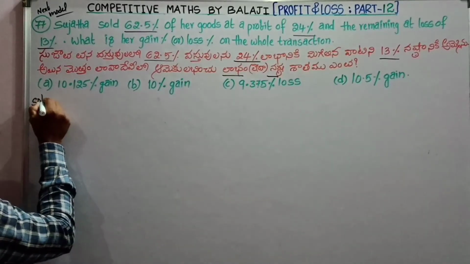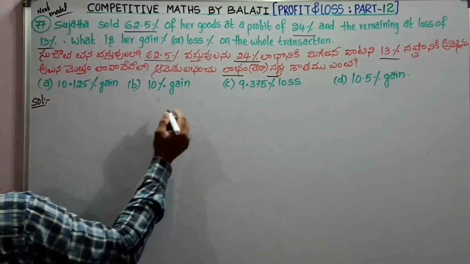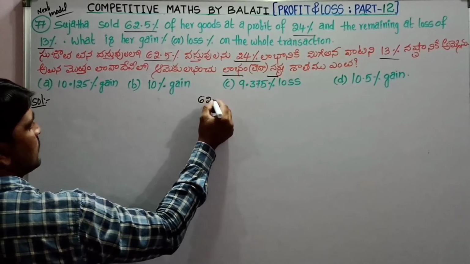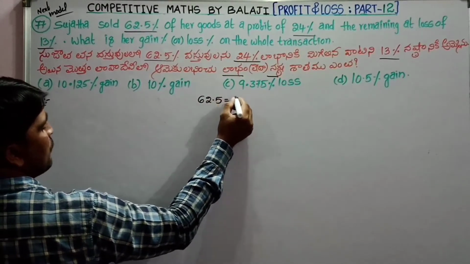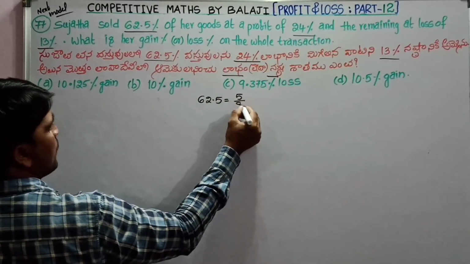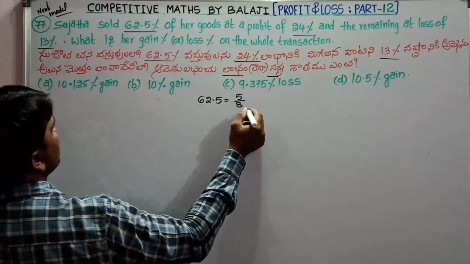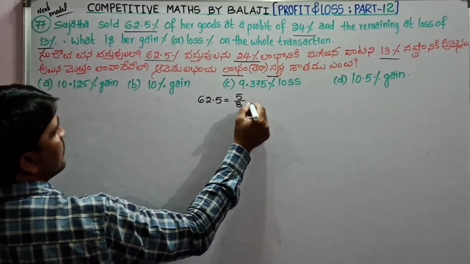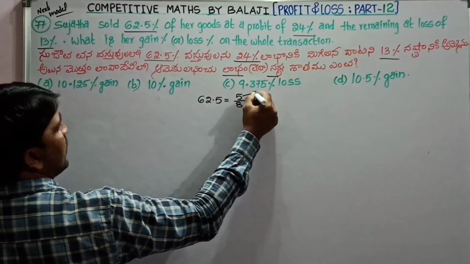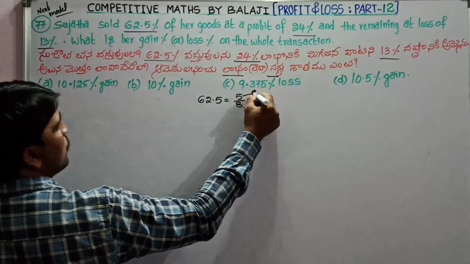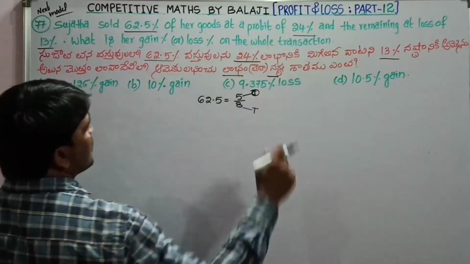Let us see it by two methods. 62.5%, the fraction value of 62.5% is 5 by 8. If total articles are 8, then 5 articles are sold at 24% profit.